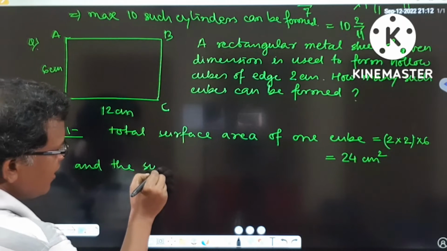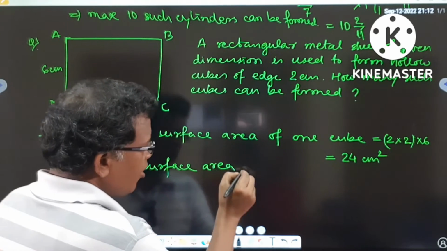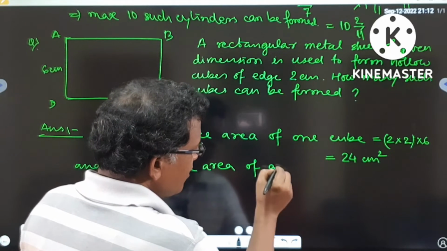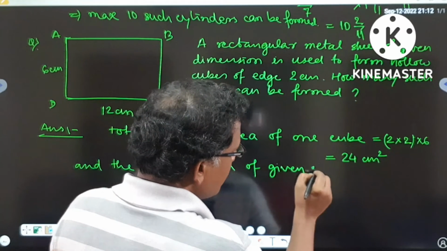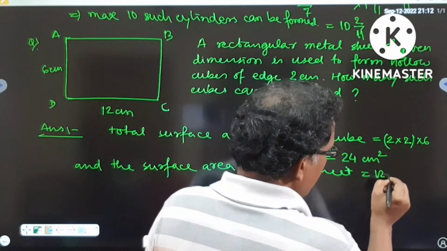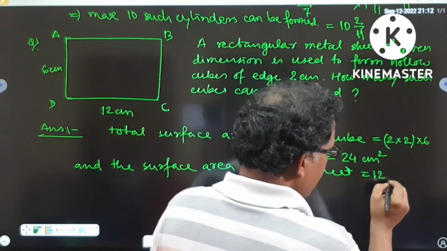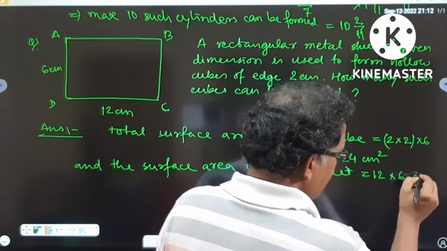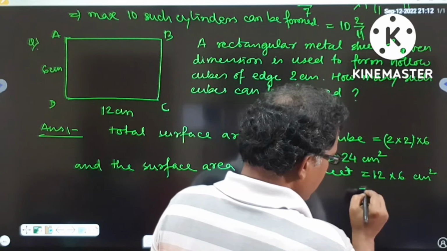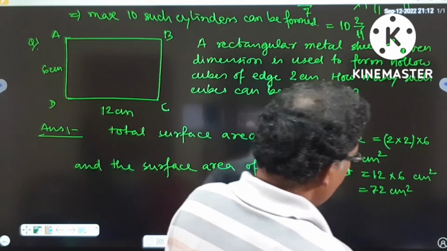And the surface area of the given rectangular sheet is concerned, that is 12 into 6 centimeters square. So it is 72 centimeters square.